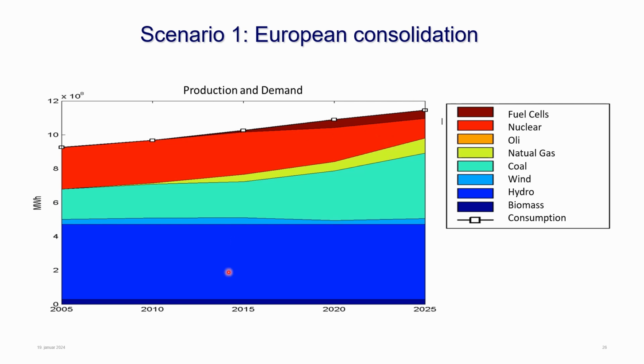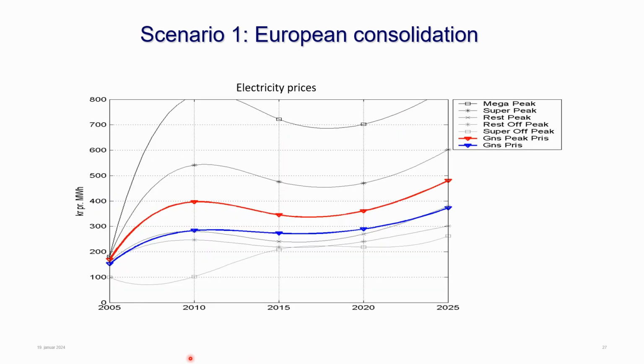This of course would be different in scenario two and in scenario three. And here you can see the electricity prices, which were very important when we had to decide whether or not to build new power capacity in scenario one. We also had such a figure here for scenario two and scenario three.